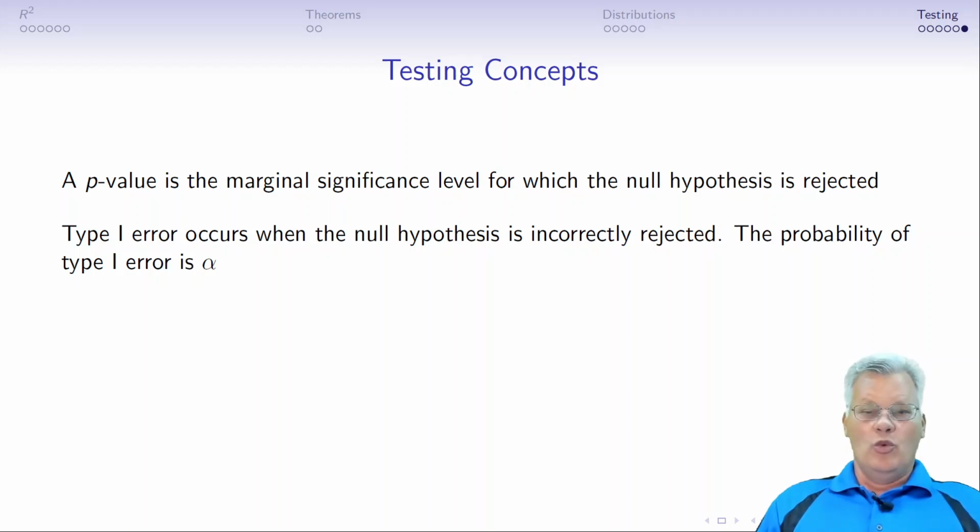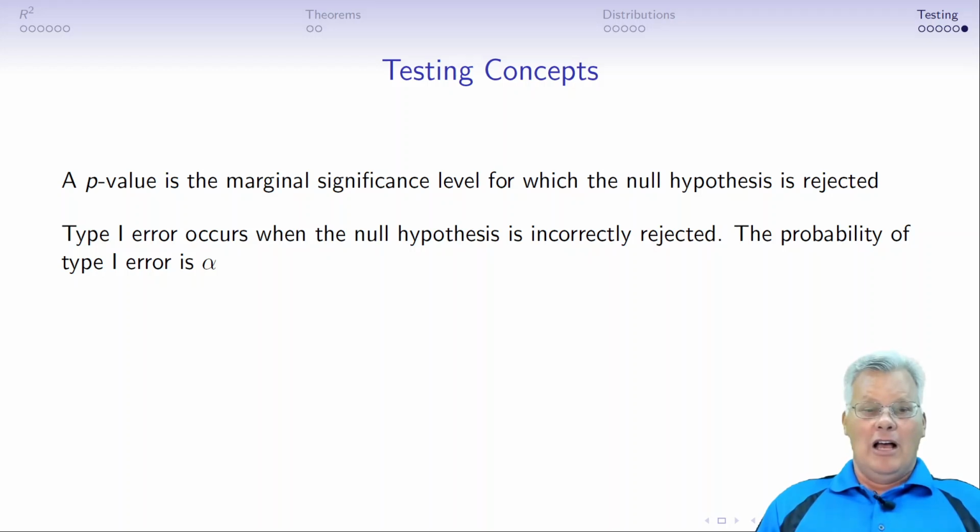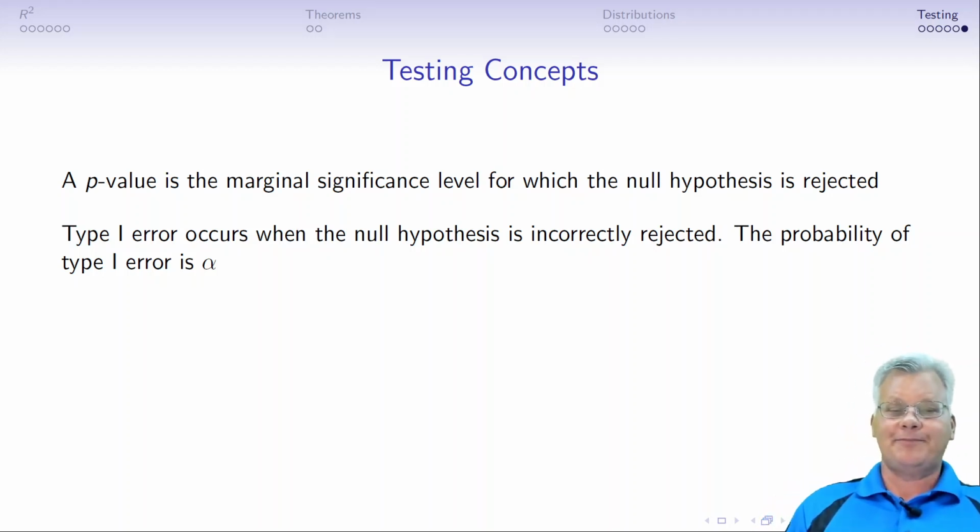So in other words, the null hypothesis really is true, but you have observed a value that's highly unusual. Right? So the null hypothesis is honest to goodness true, but you've just observed a weird value. The probability of type 1 error is alpha, the rate at which you reject the null in favor of the alternate.